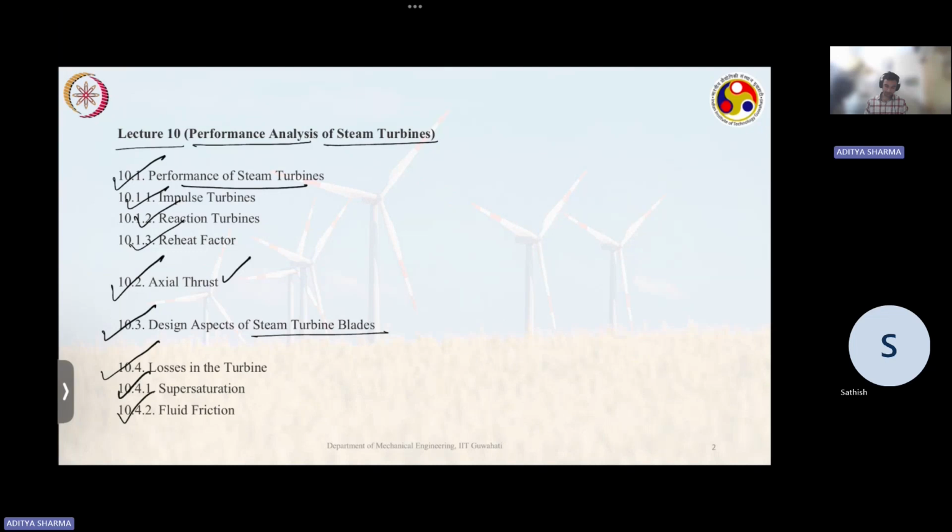Then is your fluid friction, right? So I'm discussing losses and friction of lecture 10. So different types of losses have been discussed in your fluid friction, right? Fluid friction is a major cause of losses in a turbine, right?